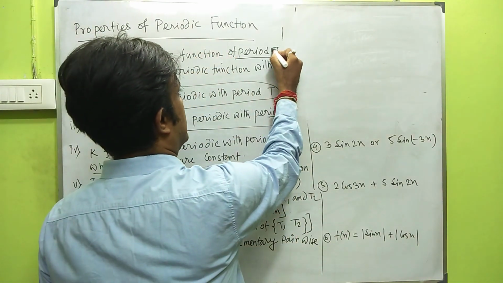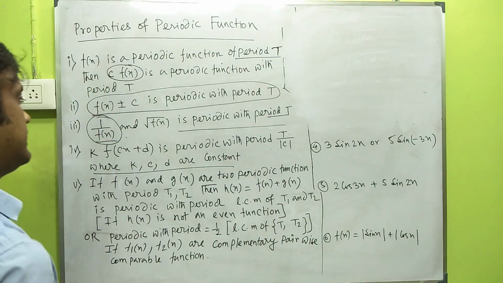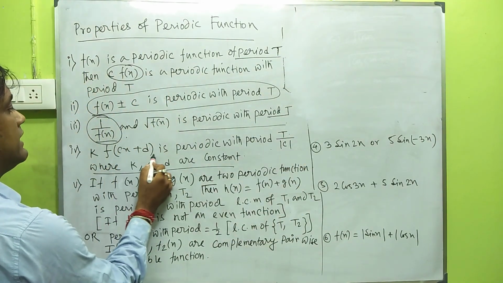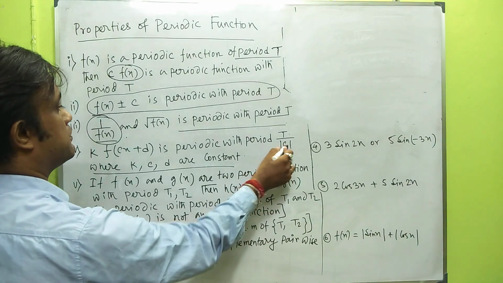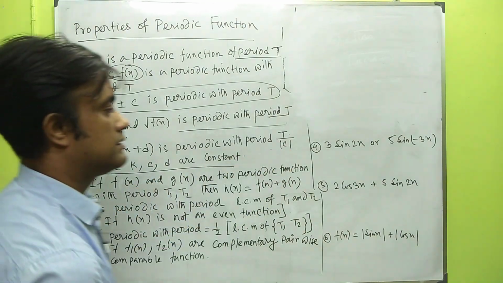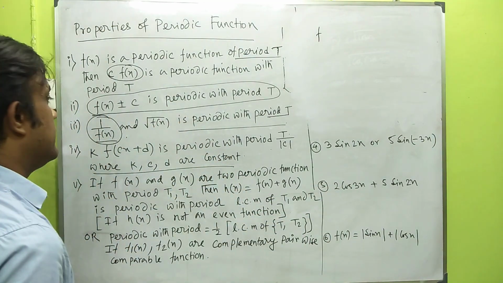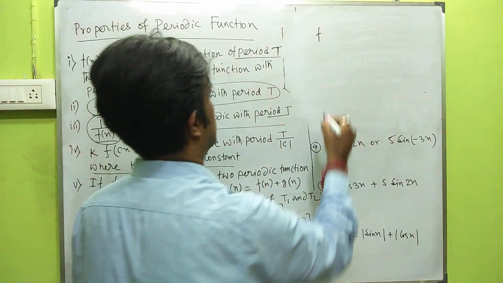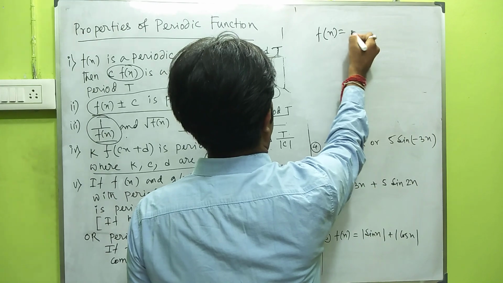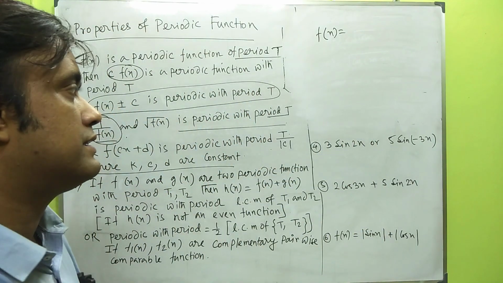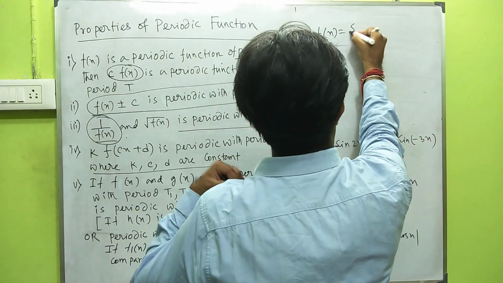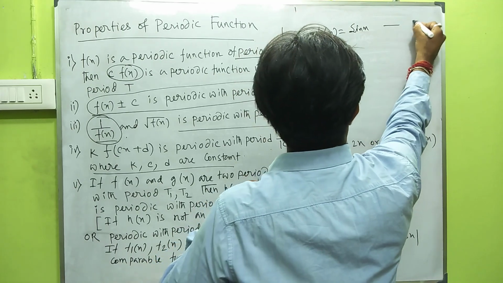If f of x is a function of period t, then k into f of cx plus d is a periodic function with period t by mod c. Suppose f of x is equal to sin x of period 2 pi.